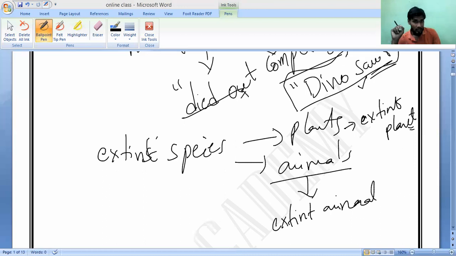Suppose an animal has no living member on this earth. If, suppose, humans were lost, they would die, and there would be no human footprints on this earth. Then we could say humans are also an extinct animal. But we are millions, trillions; already 600 billion people are there on the earth, so we are not even endangered or extinct.